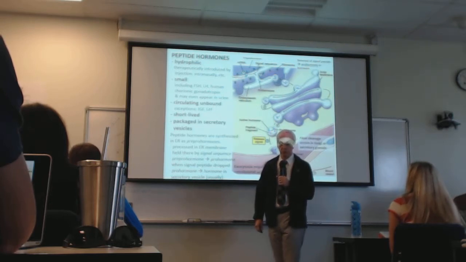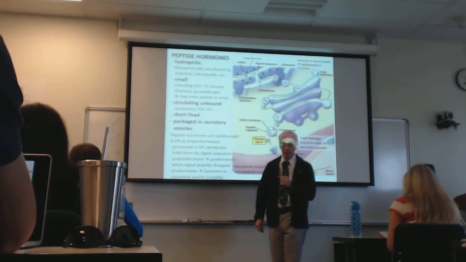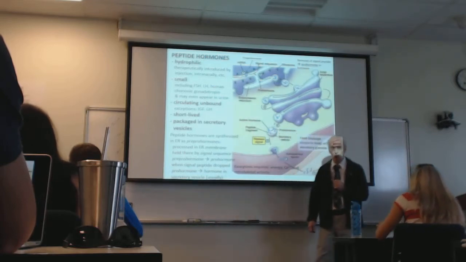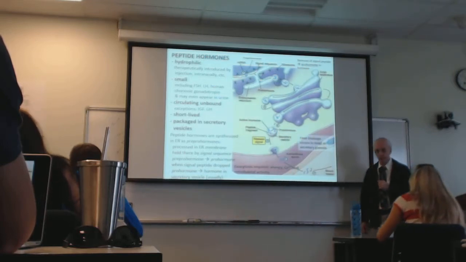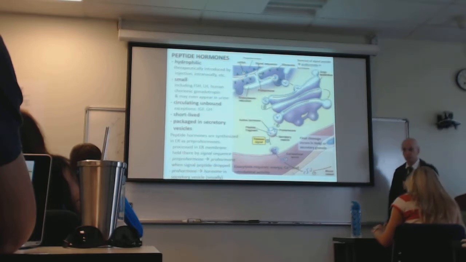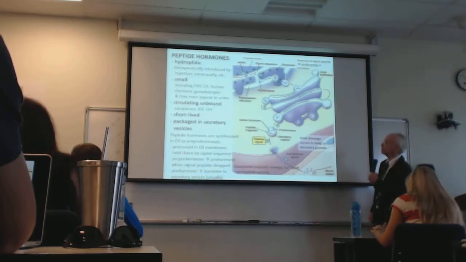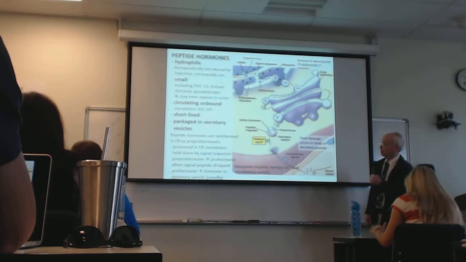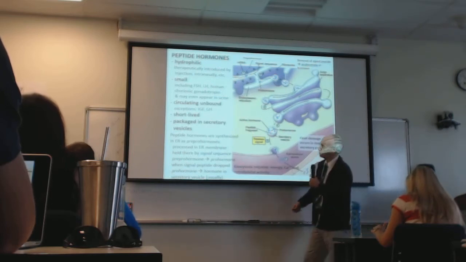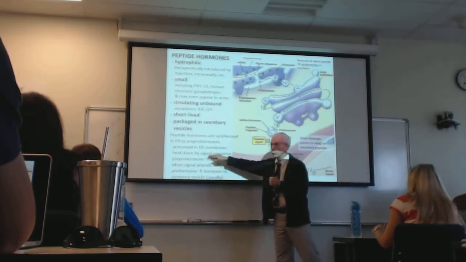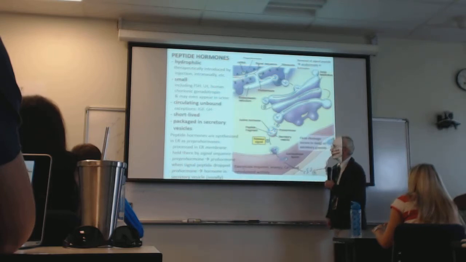So what we're saying is a peptide hormone begins life as a much larger protein or peptide that includes a hydrophobic sequence that is sometimes called the signal sequence, sometimes called the hydrophobic tail, and goes by a variety of names.